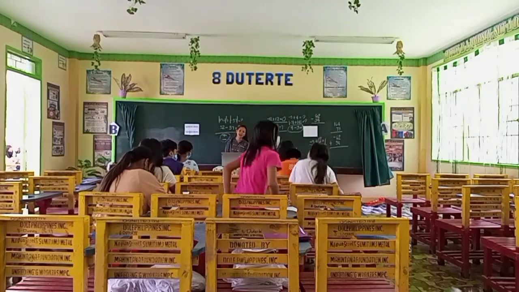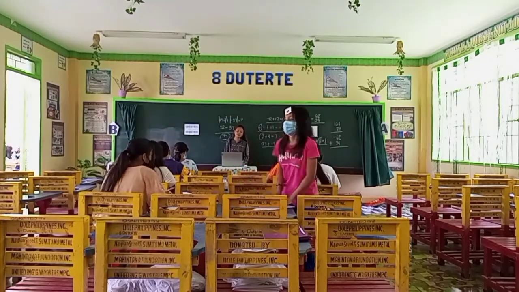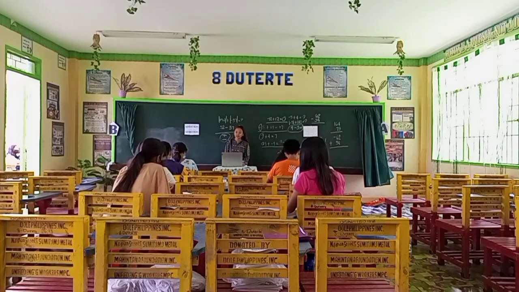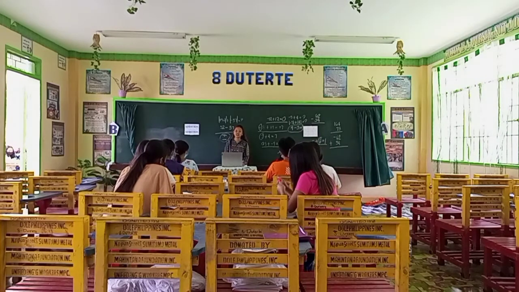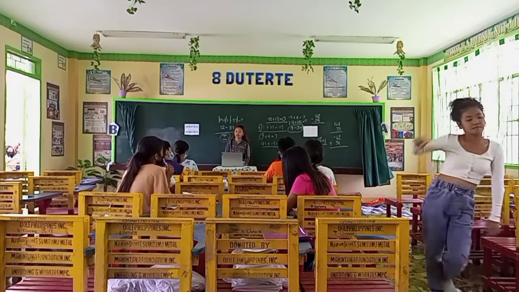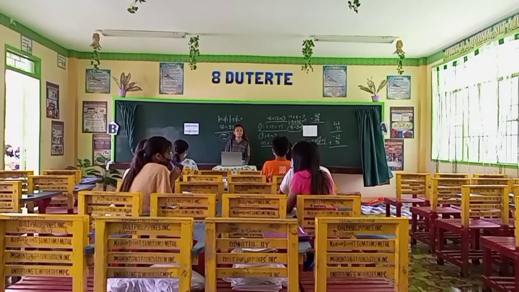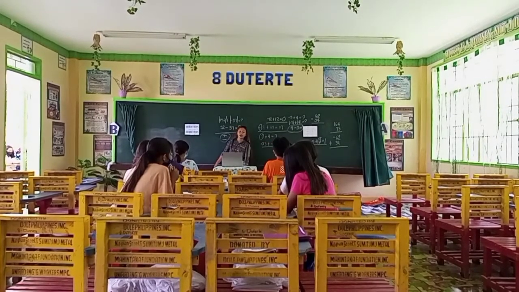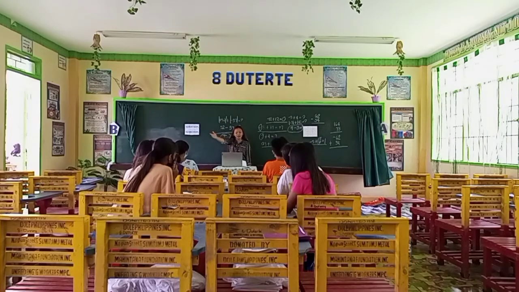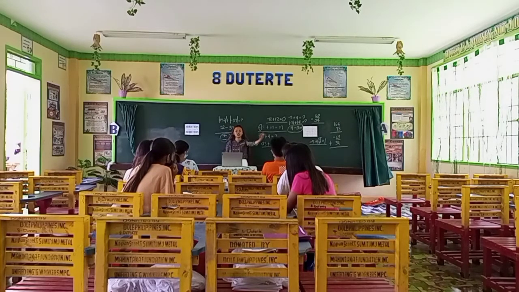Number 5. The sum of two negative integers is what? Kapag inadd natin yung dalawang negative integer, ano ang resulta niya? A, positive. B, integers. C, negative. And D, addition.